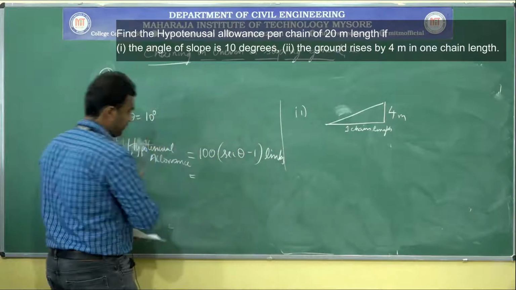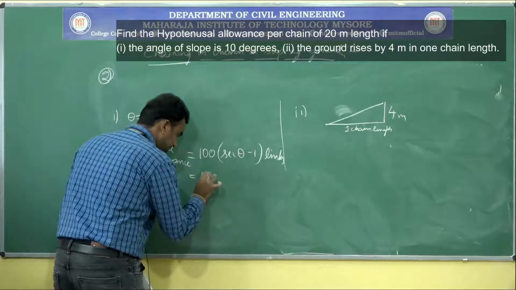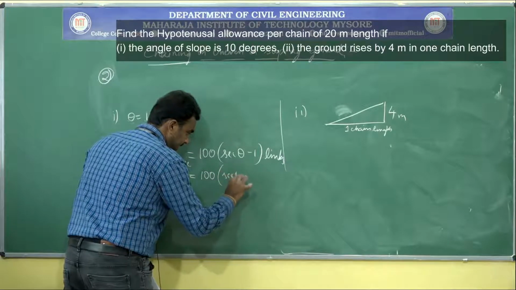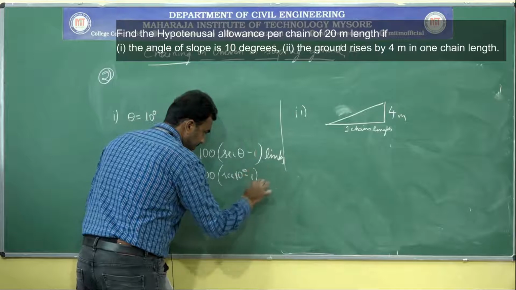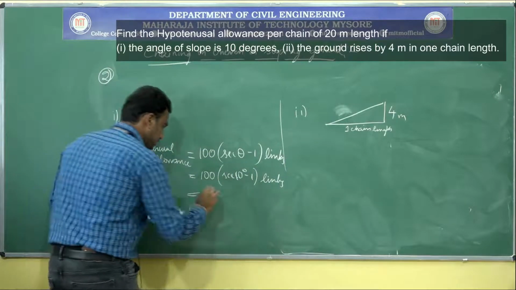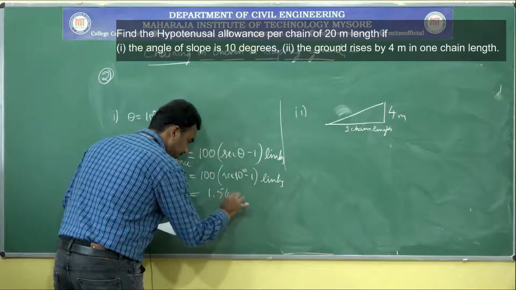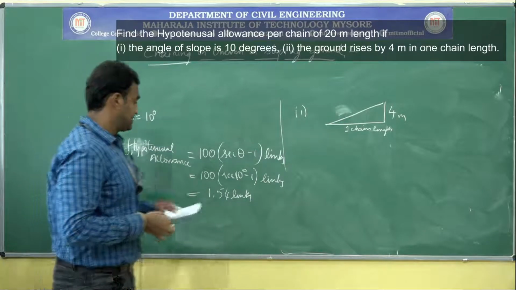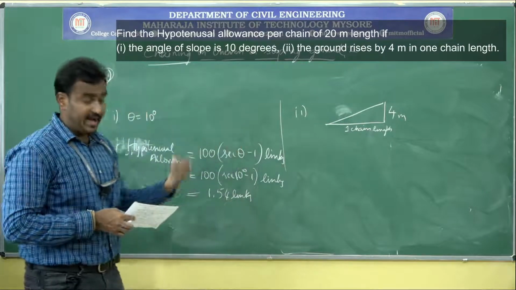This is the formula we have. We know theta, just substitute over here: 100 into secant 10 degree minus 1 links. So we will get 1.54 links. So 1.54 links is the hypotenuse allowance A dash.